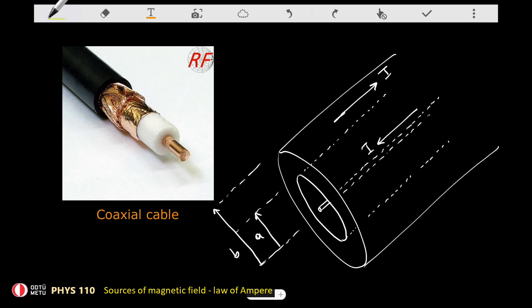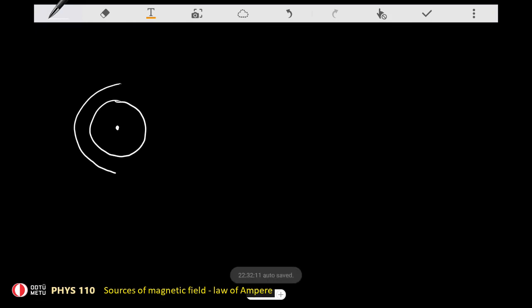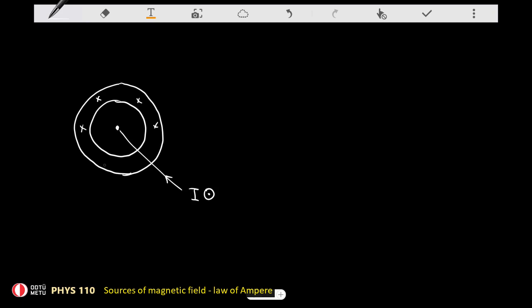So I'm going to solve the problem, but I'll start by drawing the picture again. So the first picture is this. Again, I'm looking at this from the front, so that the current at the center is coming towards us, and the current in the conductor is going away from us.